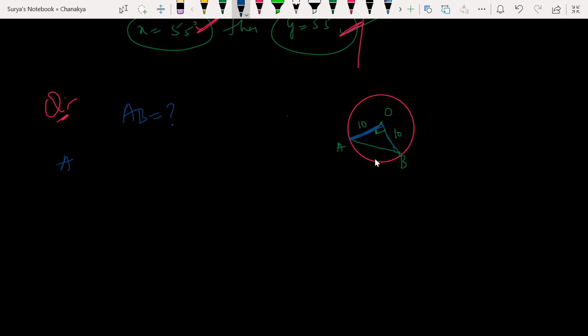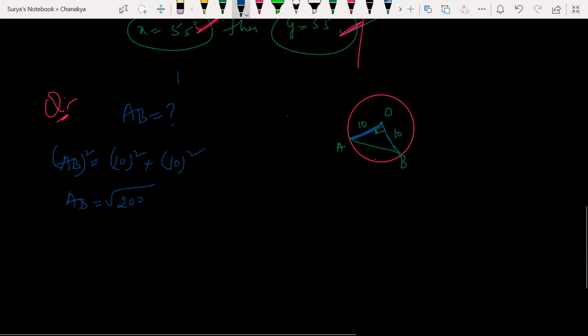Very simple, right? Hypotenuse square is equal to base square plus height square, which means 10 square plus 10 square. So AB square is 200, or you simply write 2 times 10 square.